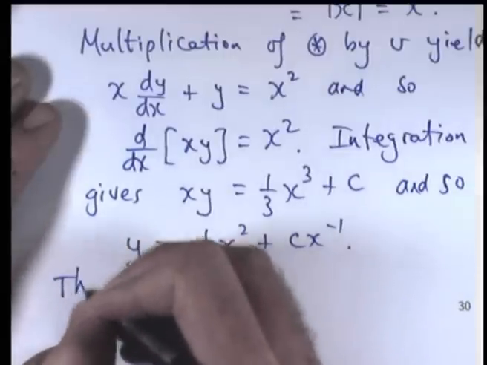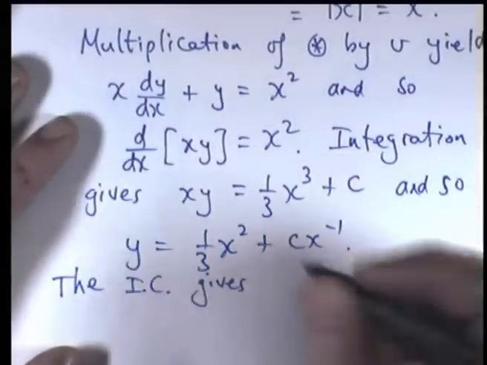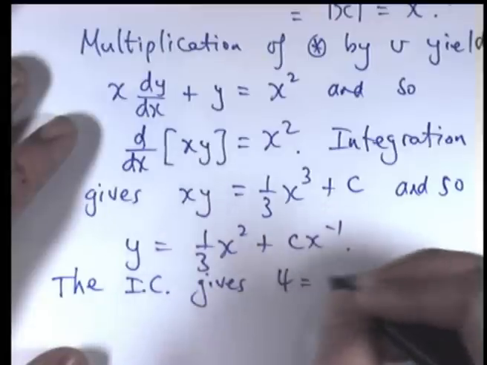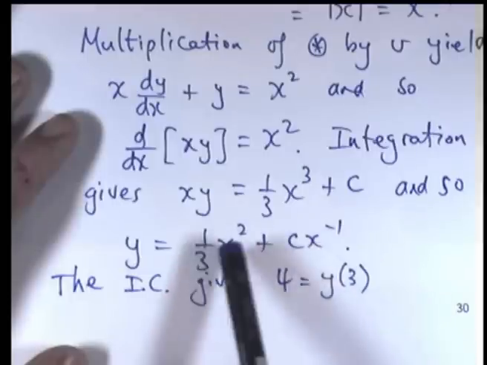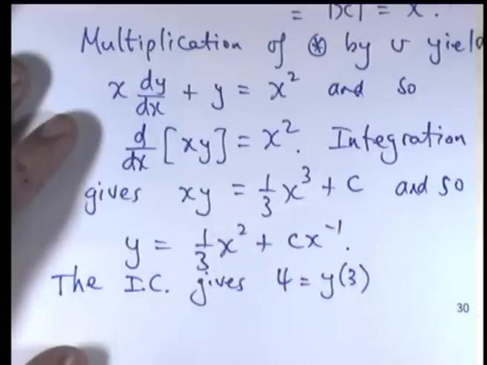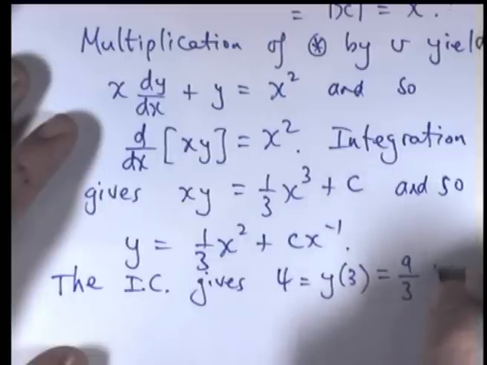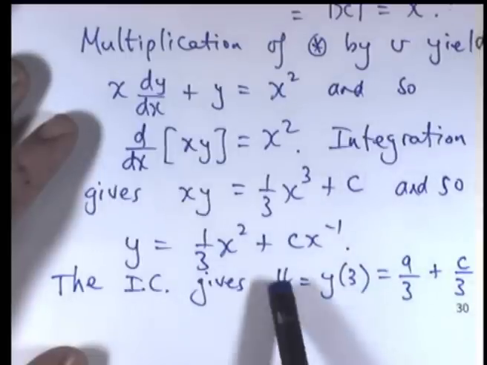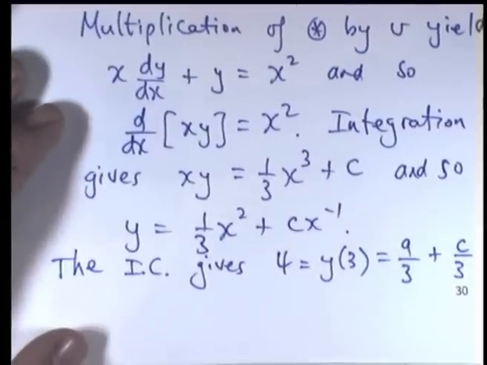Okay, so let's have a look at that. So the initial condition gives the following. What is it? It's 4 equals y at x equals 3. So we substitute x equals 3 in here, and we're going to get 9 on 3 plus c on 3. So if I just solve this now for c, I'll get c equals 3.